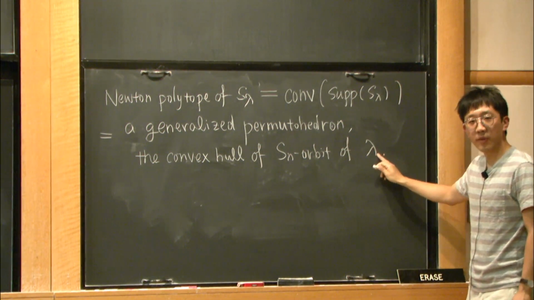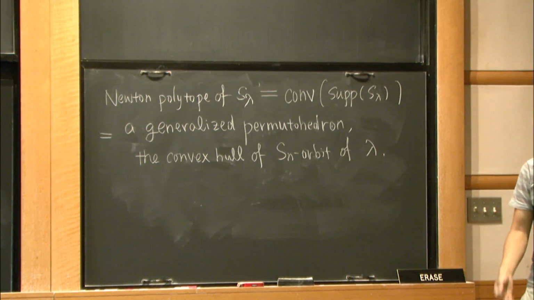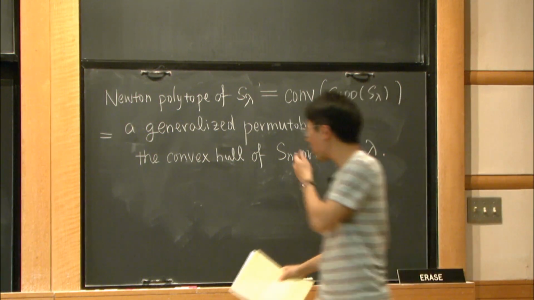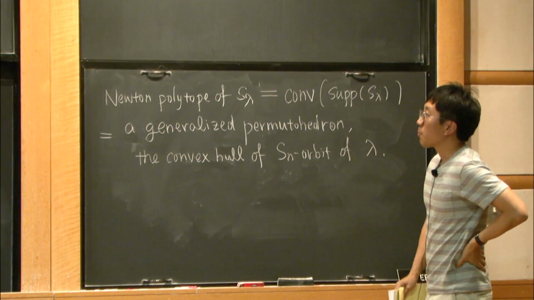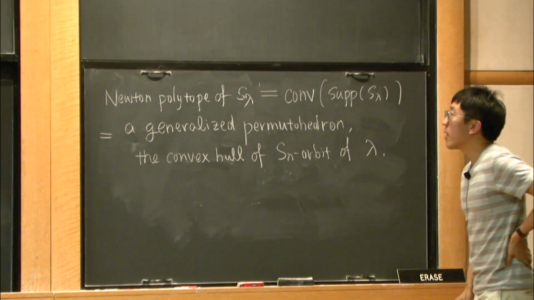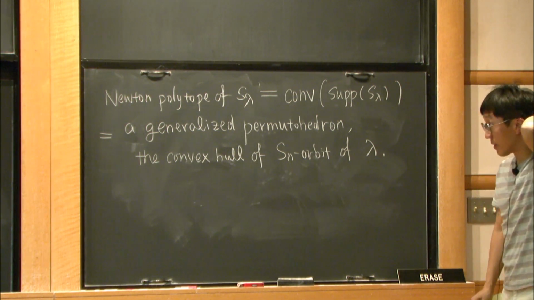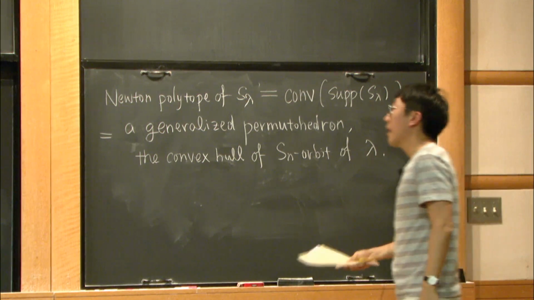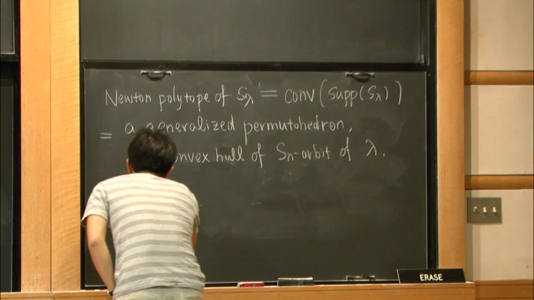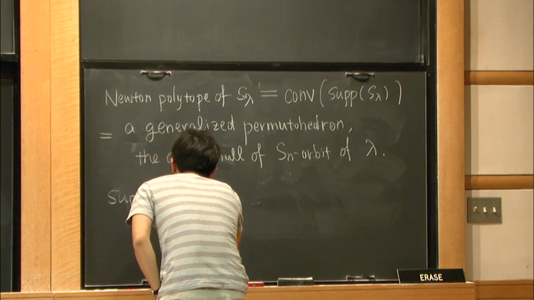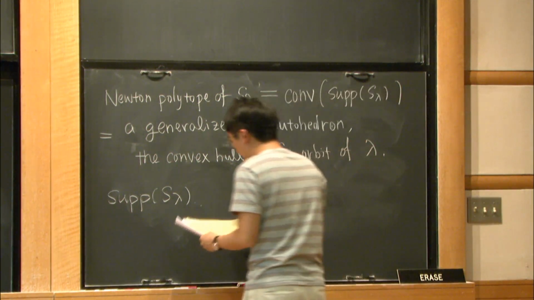So you permute the entries in lambda so that it becomes non-partitions in all possible ways, and then you take the convex hull. Okay, but what is clear from the representation theoretic picture, but maybe not so in the combinatorial interpretation, is that the set of monomials, the support of S lambda, has no hole in it.